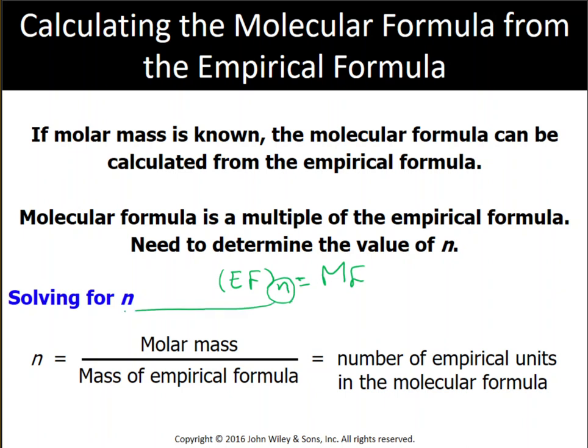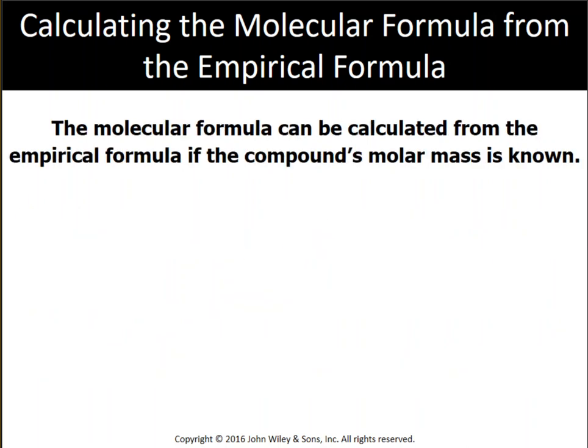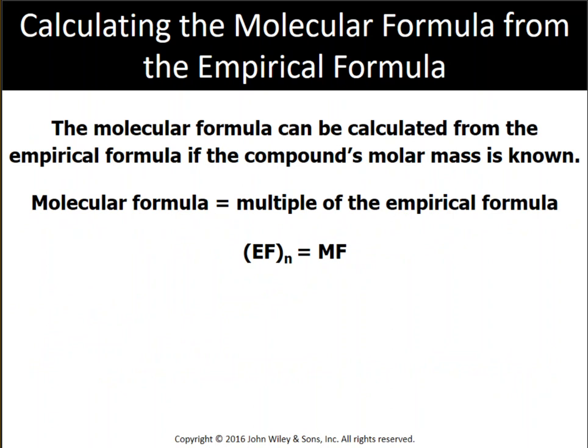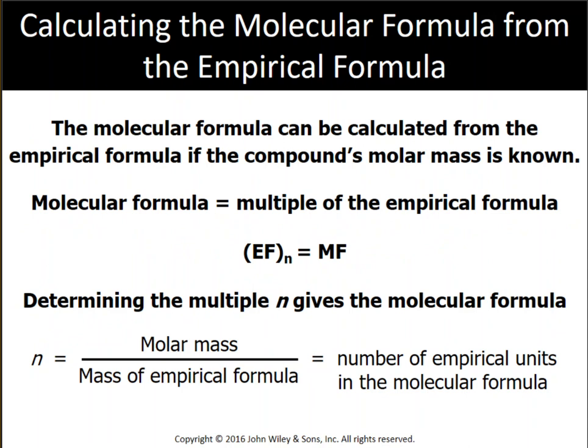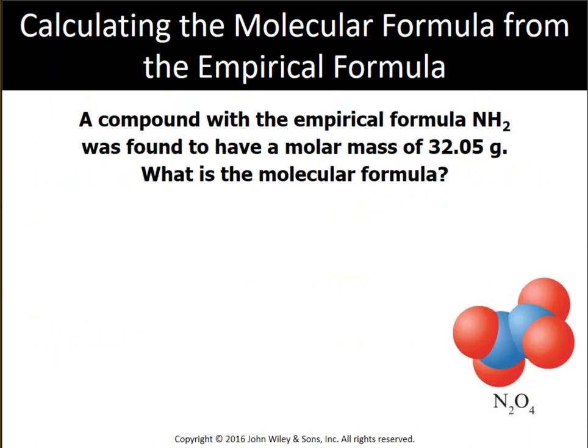So this N is calculated from this formula. So molar mass divided by the empirical formula mass. So let's look at a couple of examples here. As I said, empirical formula times number of empirical formula units gives you the molecular formula.